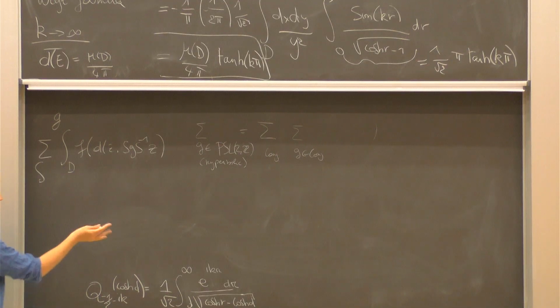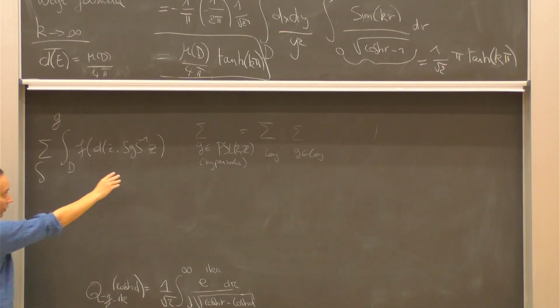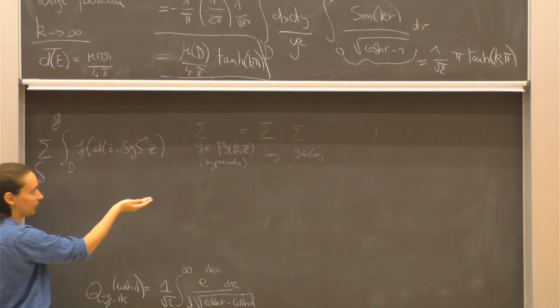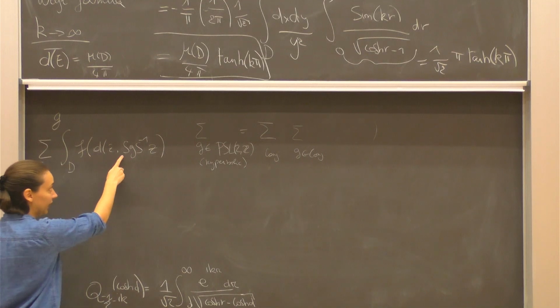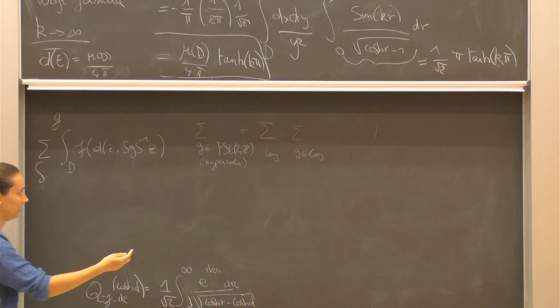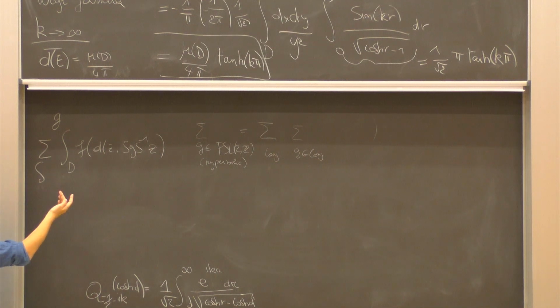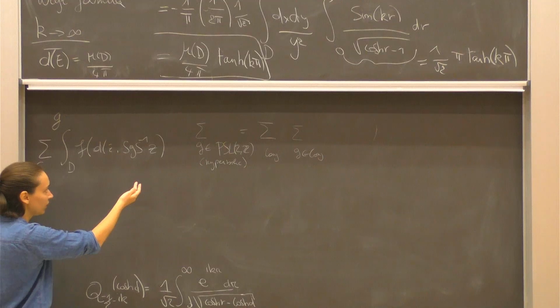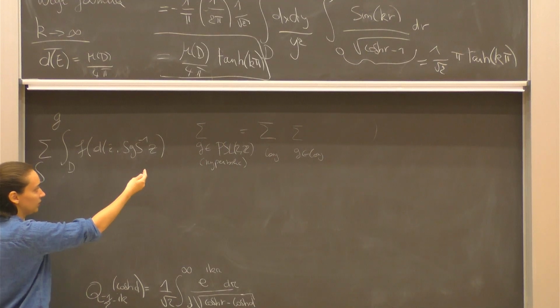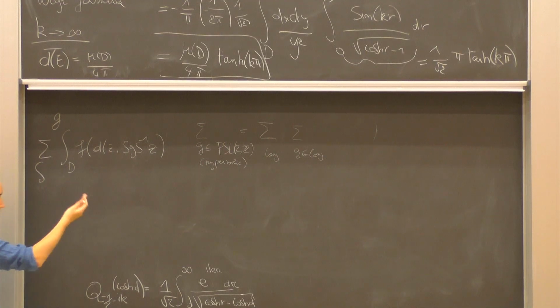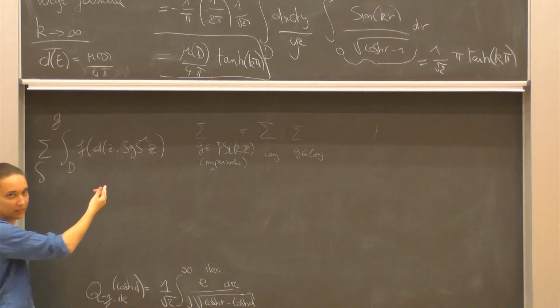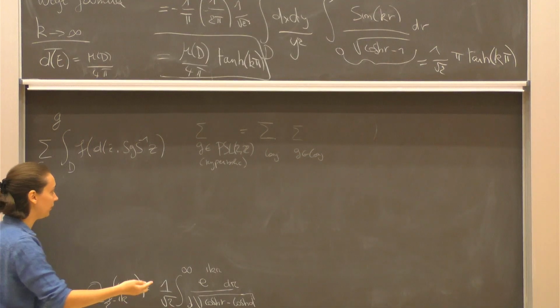Then the question is, how do I run in an efficient way over all the S's here? The issue is that I don't want to be overcounting, so I cannot run over all the possible s's. Some of the g's might be sent to a given group element by two such s's. When does it happen?